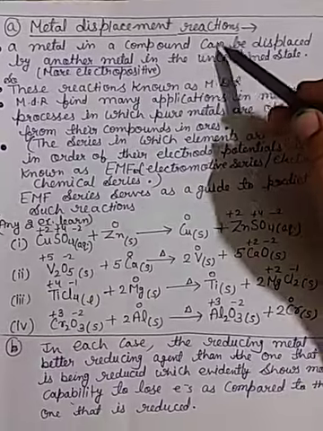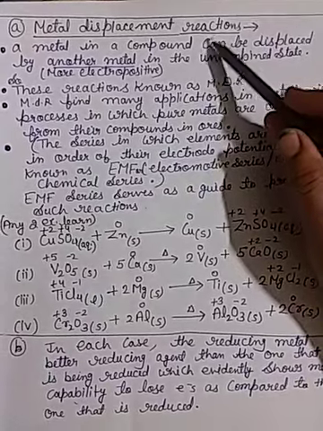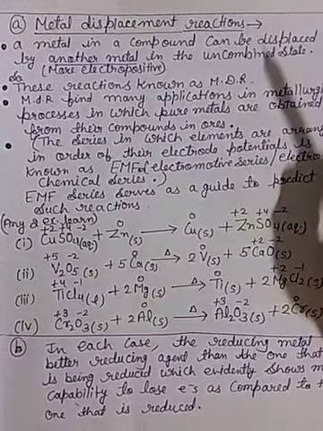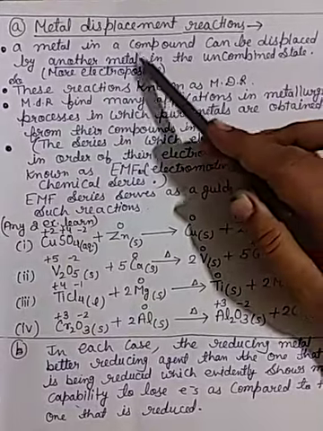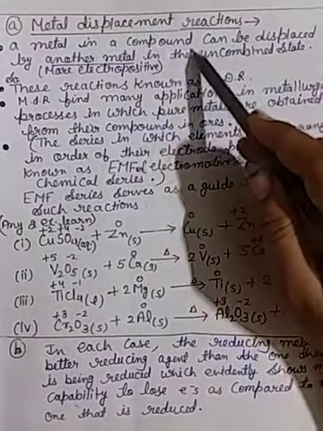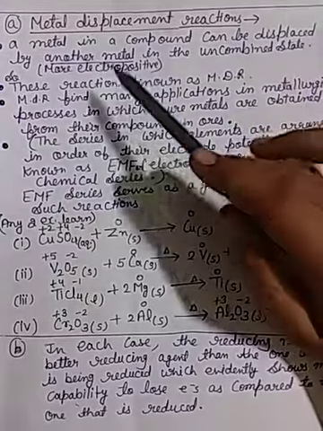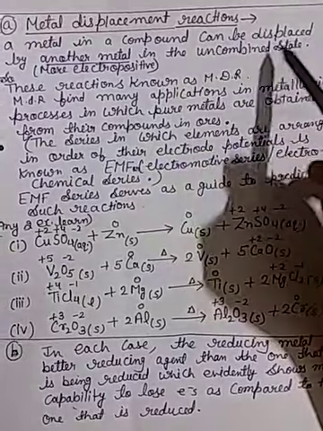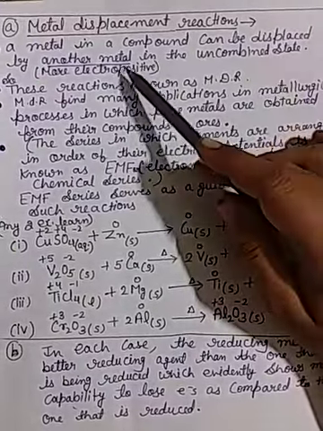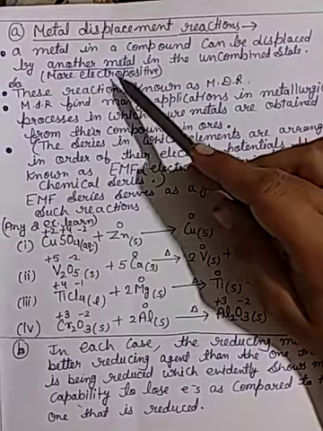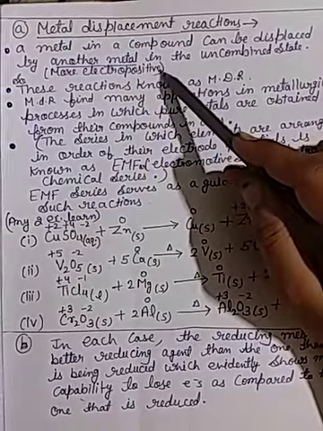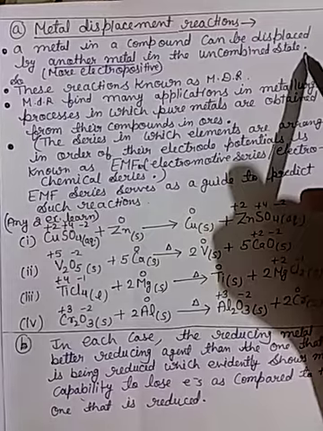First we discuss the metal displacement reaction. This means a metal in a compound can be displaced by another metal in the uncombined state. The other metal must be more electropositive and in the uncombined state.